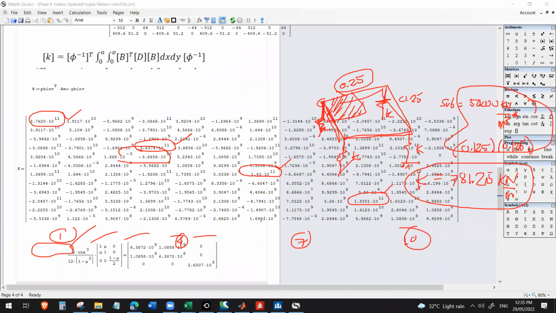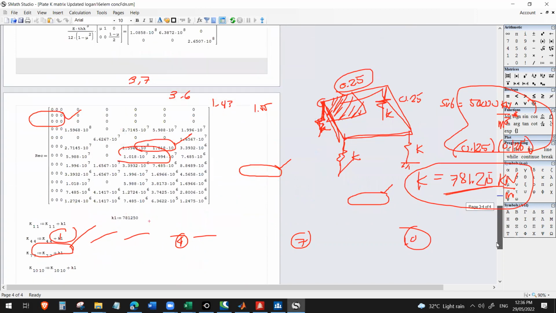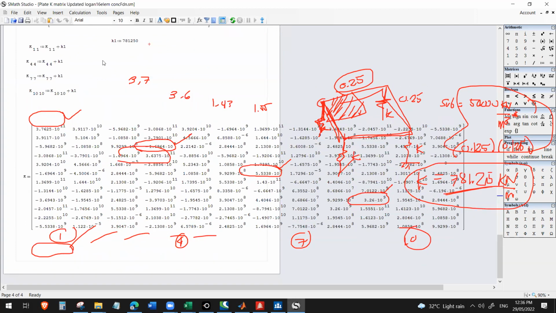Okay? So, we need to add the additional stiffness from the soil. So, let's write it down. Previously 3.7, 3.6, 1.43, and 1.55. And then, finally, adding the additional stiffness.